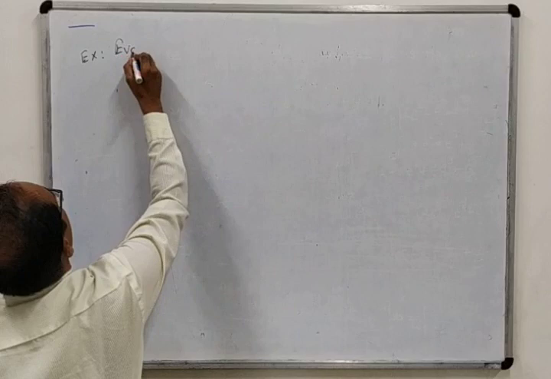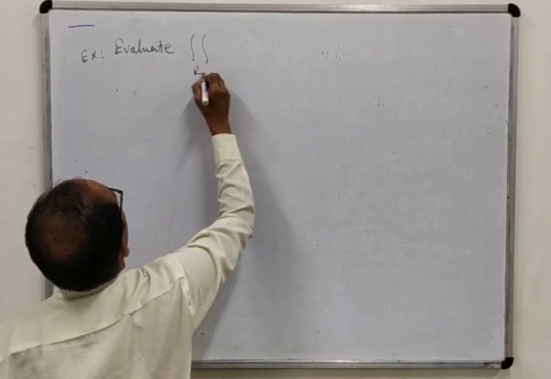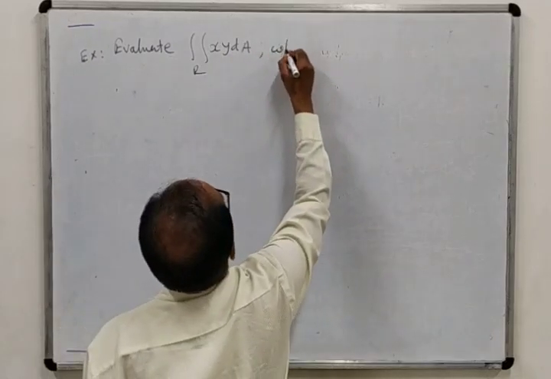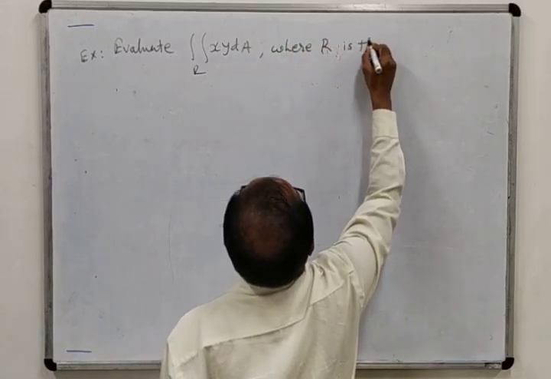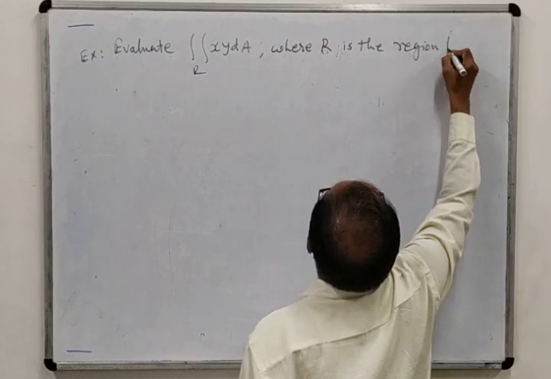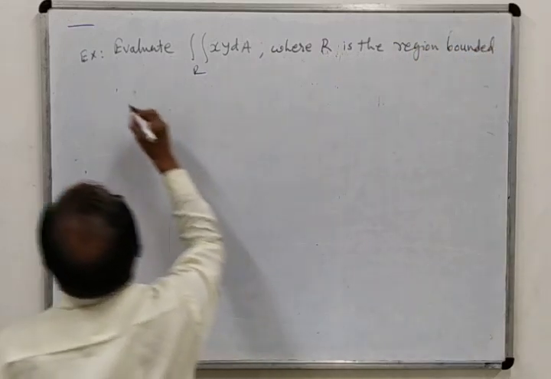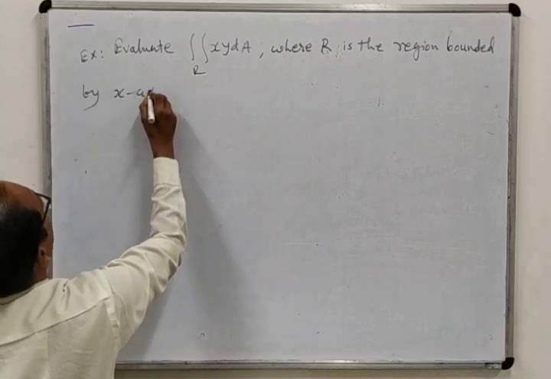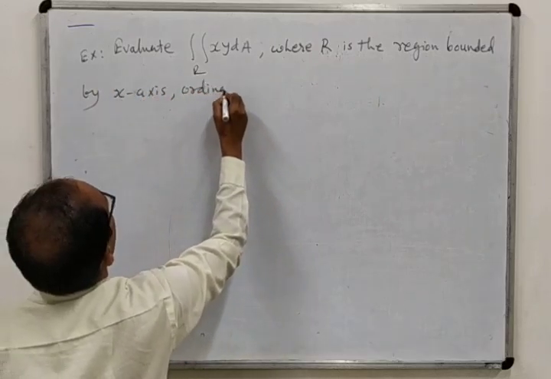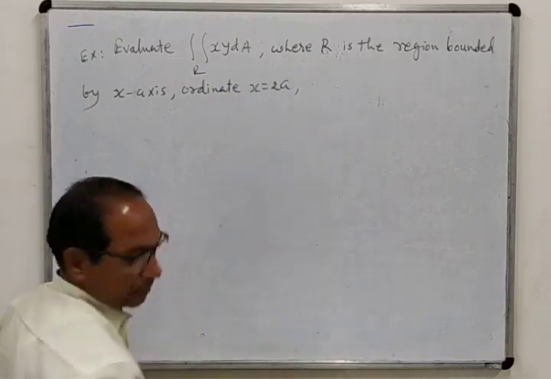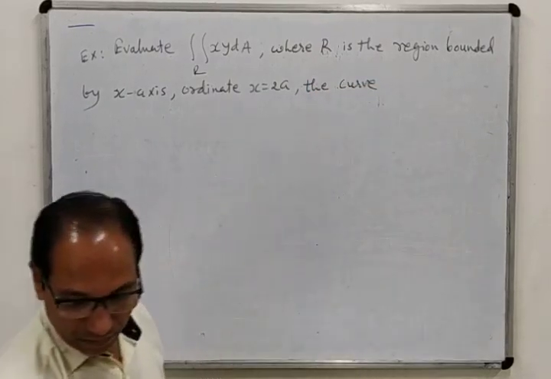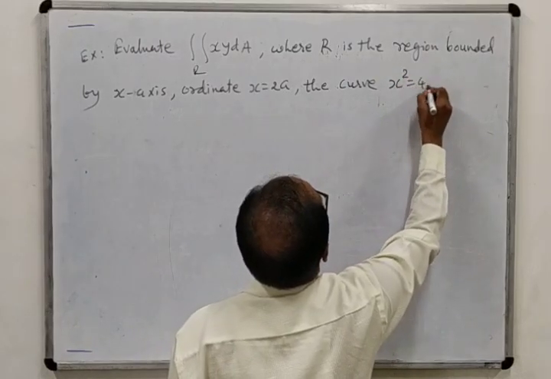Let us see one more example. Evaluate the double integration over R of xy dA, where R is the region bounded by the x-axis, the ordinate x equal to 2a, and the curve x square equal to 4ay.